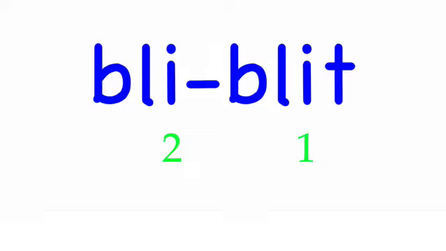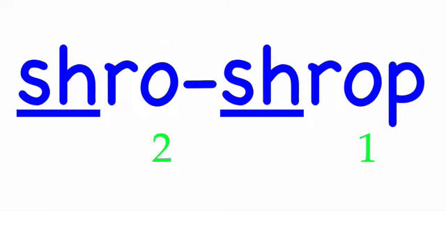Shrow has 3 sounds, sh, r, o. Shrop, 4 sounds, sh, r, o, p. Shrow, shrop.